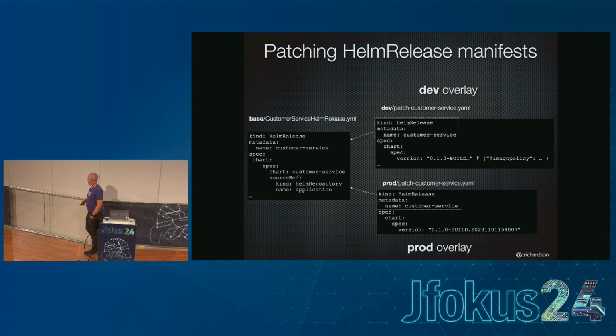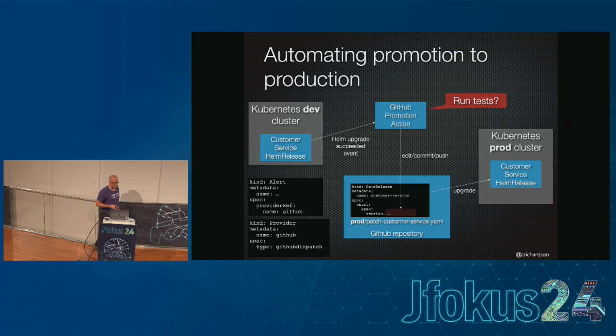Then the last part is, okay, we made a change. We've successfully installed the Helm release in the dev environment. How do we get that into production? Well, we can do that using the notification mechanism that Flux provides. You can arrange for it to trigger a GitHub action when a Helm chart is successfully installed, which could potentially run tests.